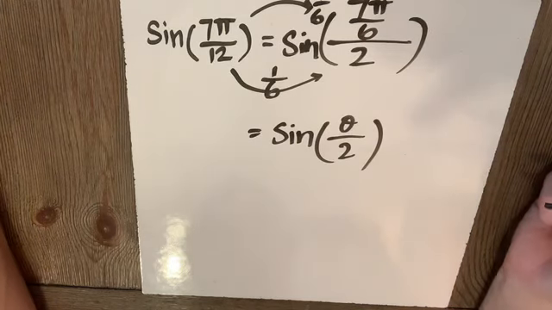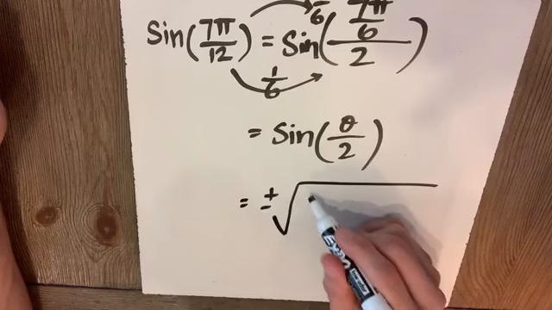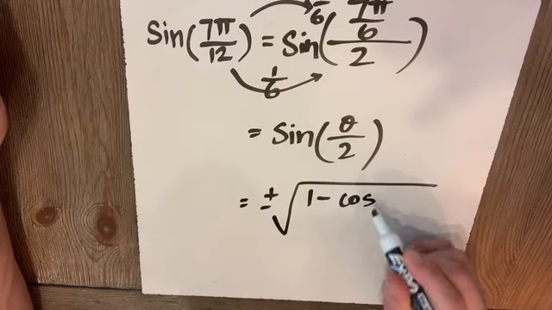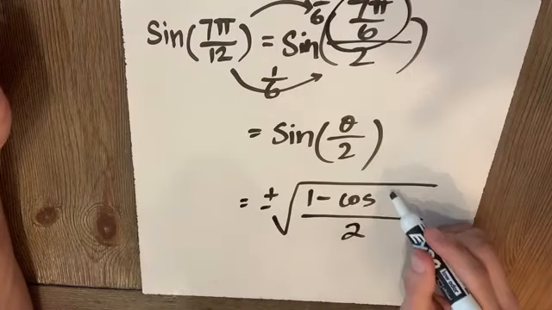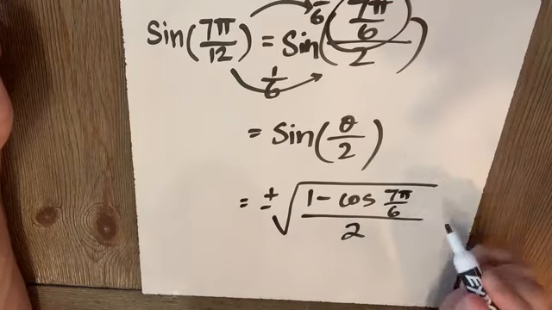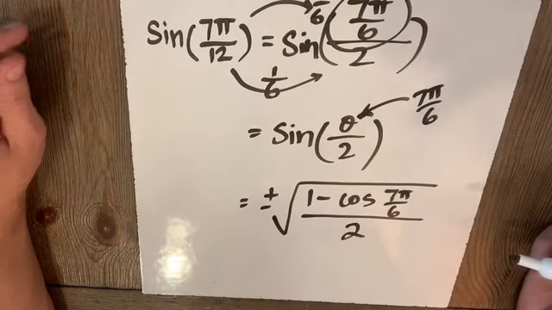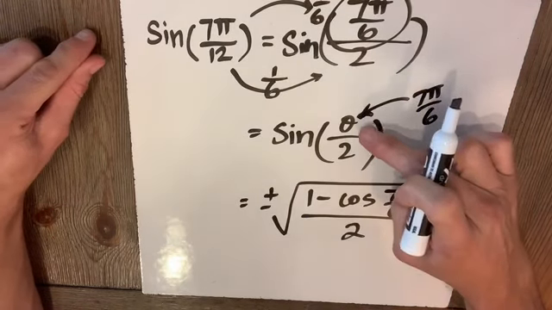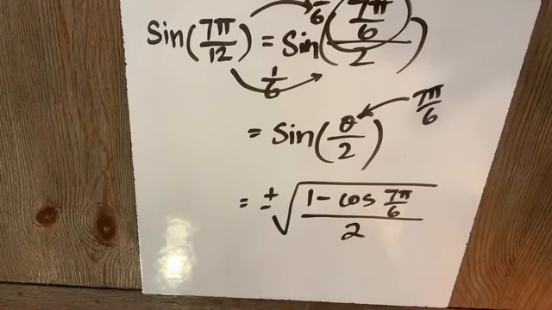Now, in this case, this is plus or minus the square root of 1 minus cosine theta over 2. Notice the theta in this case is 7 pi over 6, right? Our theta is 7 pi over 6. Some students have trouble seeing that the formula calls for this numerator to become the argument of the cosine. So 2 options there.